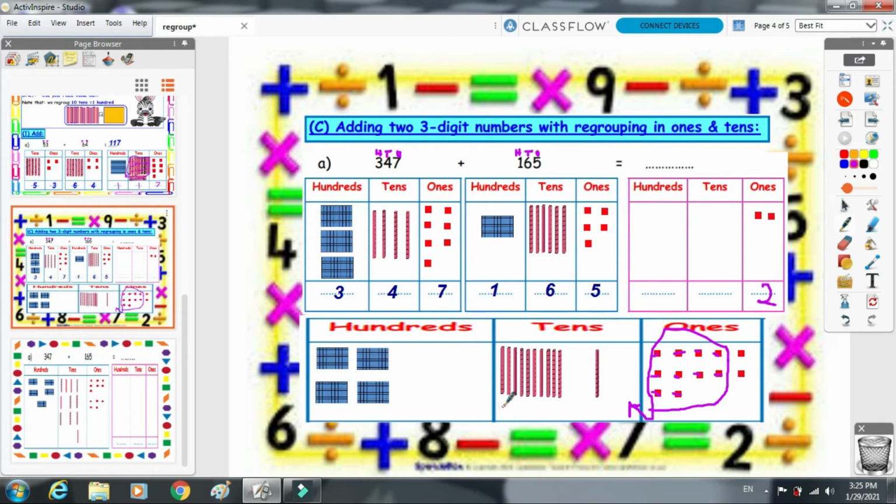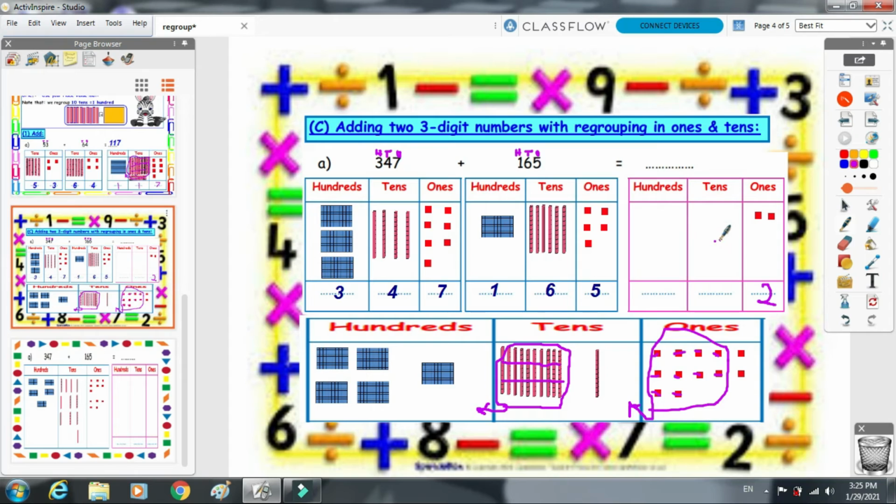Regroup means I will stick 10 of these bars together and replace them to make one new 100. So I regrouped 10 of these 10s to make one new 100, and the leftover of tens now is only 1 ten.